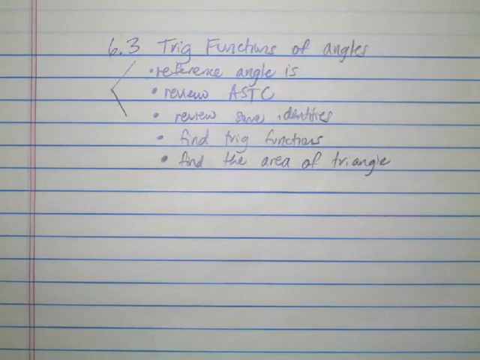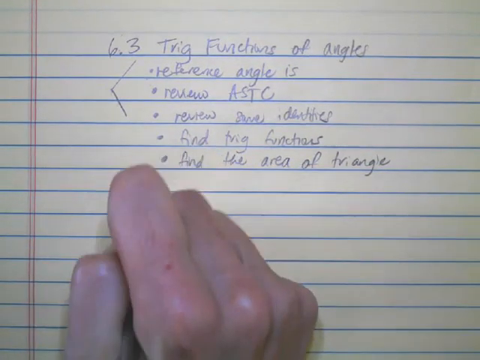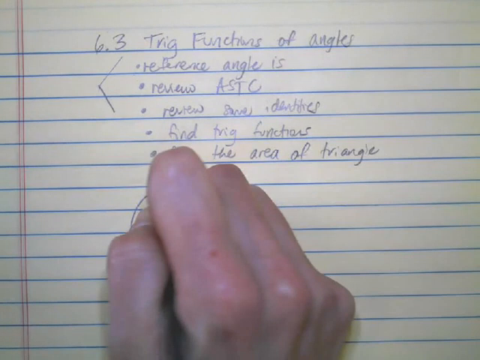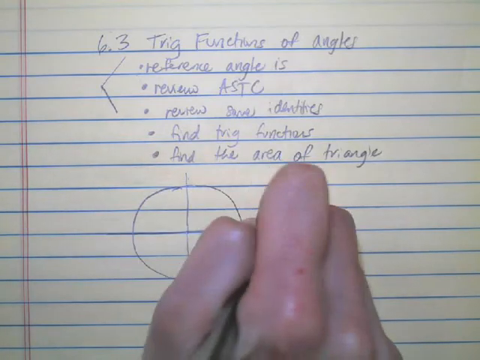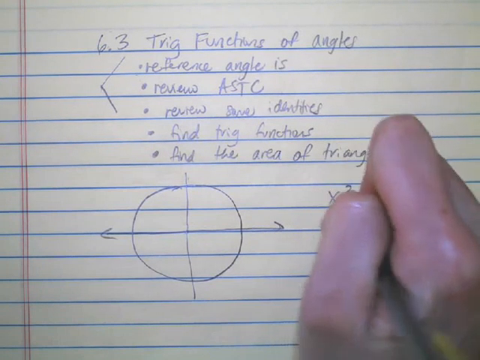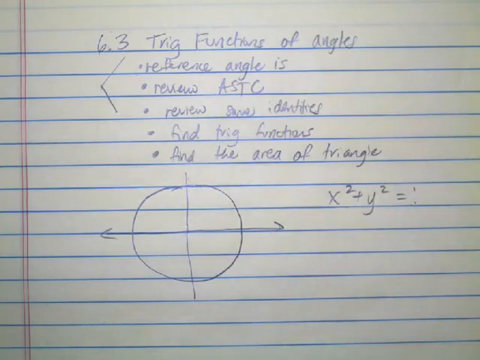So, when we talk about reference angles, remember we had the unit circle where the radius was 1 and it was x squared plus y squared equals 1.